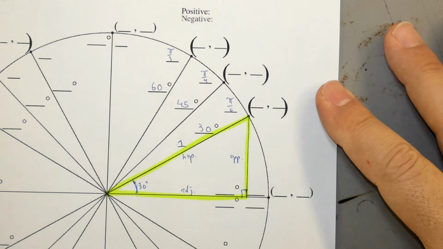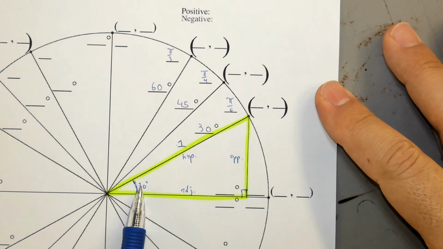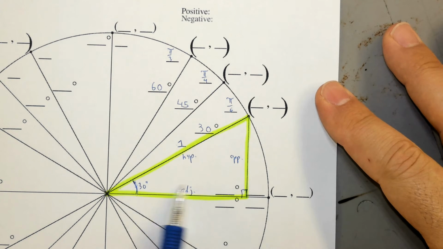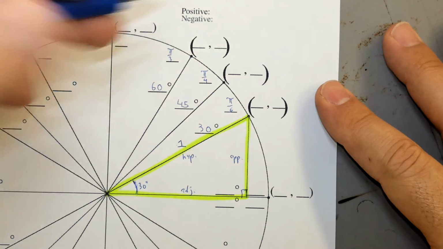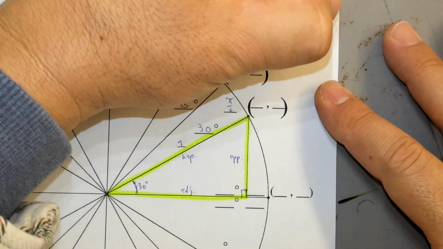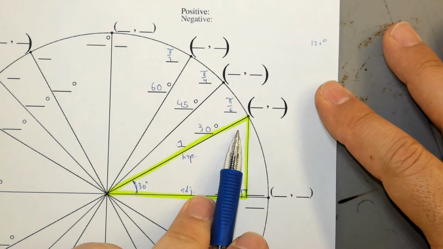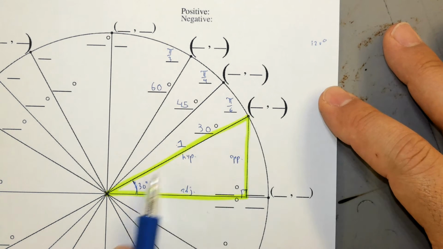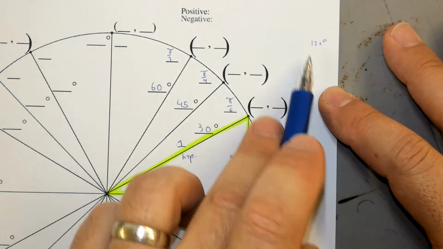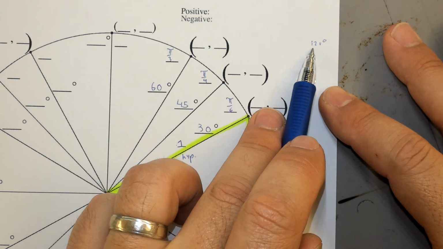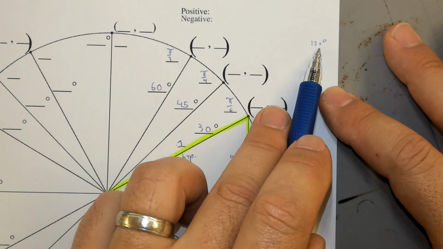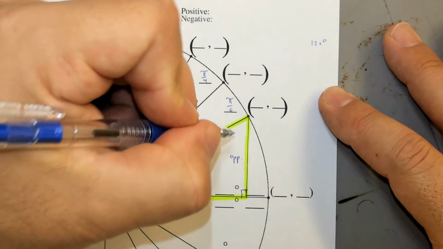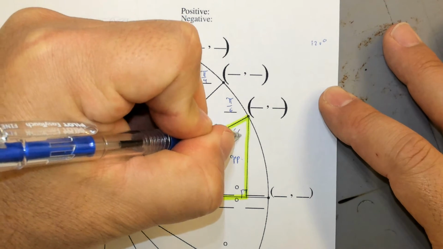So therefore, what's 90 plus 30? 90 plus 30, that's 120, right? So 120 degrees. What is needed so that they all add up to 180? Well, let's see, 120. How much more do we need? 60, right? 60 plus 120, that gives us the 180. So this has to be 60 degrees.